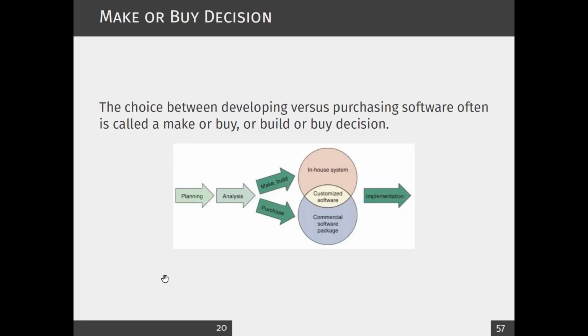You can say make and build, or purchase. For example, planning and analysis, purchase, the commercial software packages, make, build, that means in-house system. So you can see there's an overlap. That overlapped area is known as customized software.